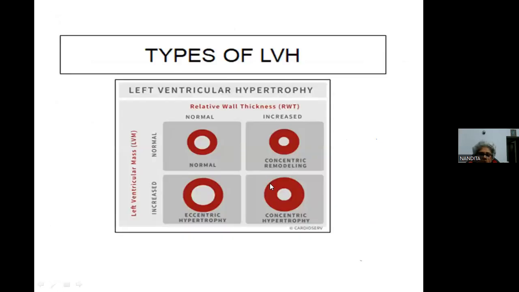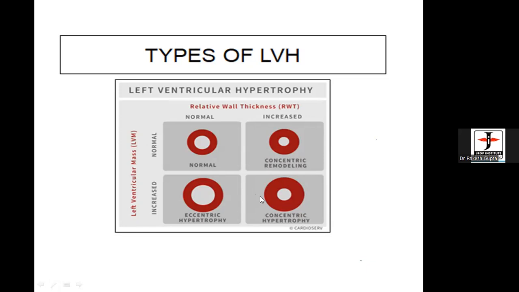Yeah, look at this, the second one on the top right hand side. This is concentric, not remodeling. I'm saying concentric hypertrophy. Concentric hypertrophy is where all segments are thickened, more than 15 millimeter in thickness. This itself is a topic when we talk of LVH.